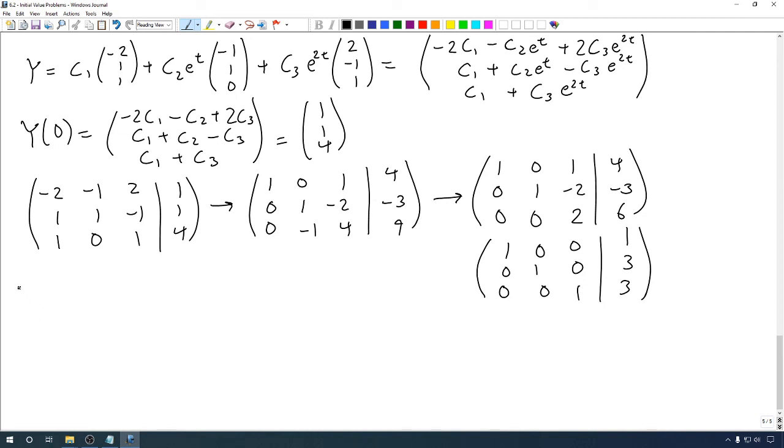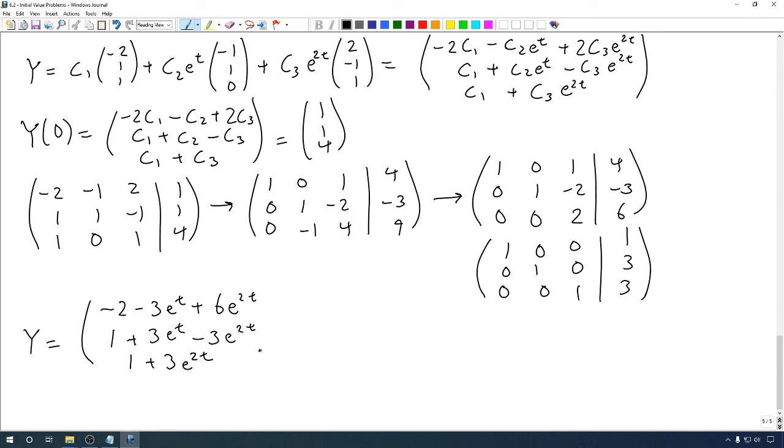And so what do I have? My solution here, my y, so let me put that a little bit lower, y is going to equal negative 2 minus 3 e to the t plus 6 e to the 2t, then 1 plus 3 e to the t minus 3 e to the 2t, and then finally 1 plus 3 e to the 2t.